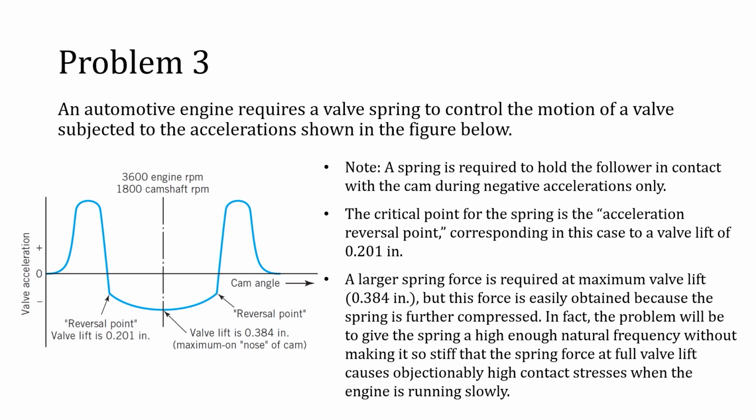In fact, the problem will be to give the spring a high enough natural frequency without making it so stiff that the spring force at full valve lift causes objectionably high contact stresses when the engine is running slowly. Essentially all that's saying is that the force to be able to lift that isn't going to be our issue. We have to really work to increase our natural frequency as high as we can.